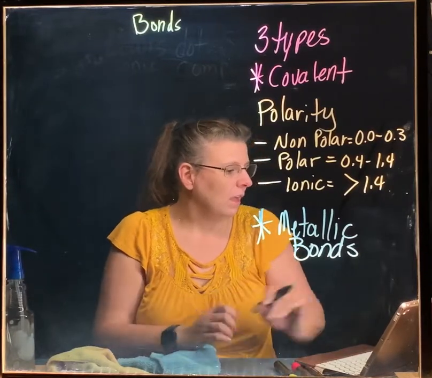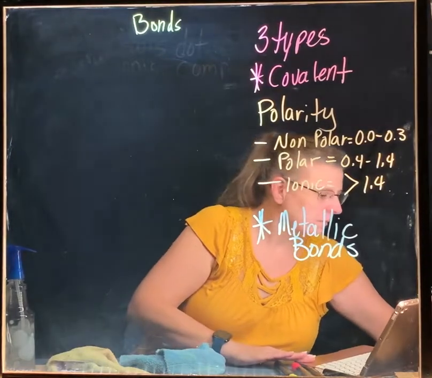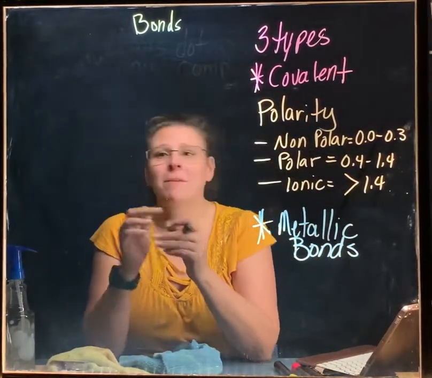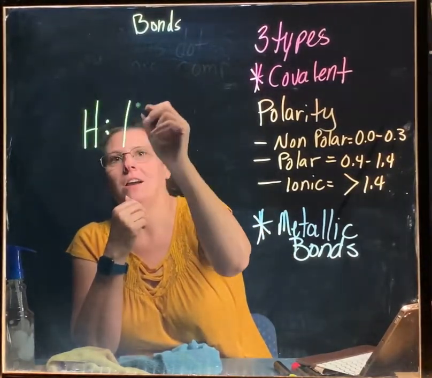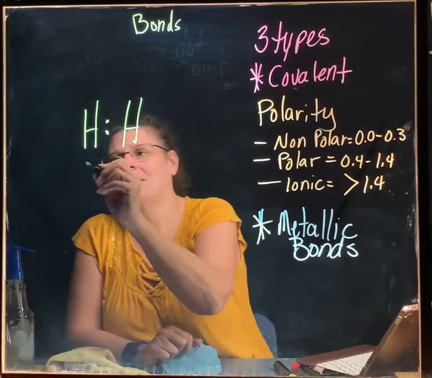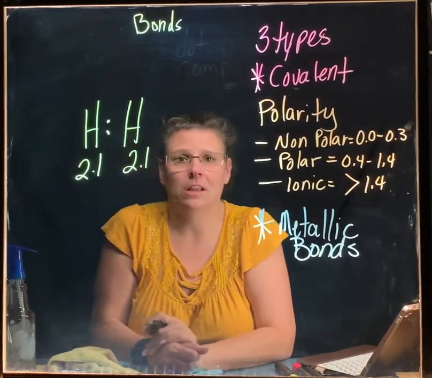Okay, so what do we do? If I'm going to have two hydrogens together, hydrogen bonding with a hydrogen, we're going to look on our chart. Hydrogen has a 2.1 electronegativity, and this one has a 2.1 electronegativity.